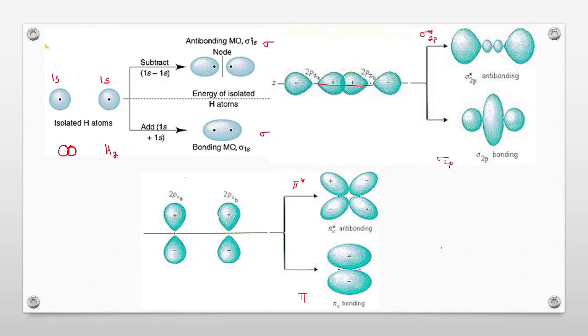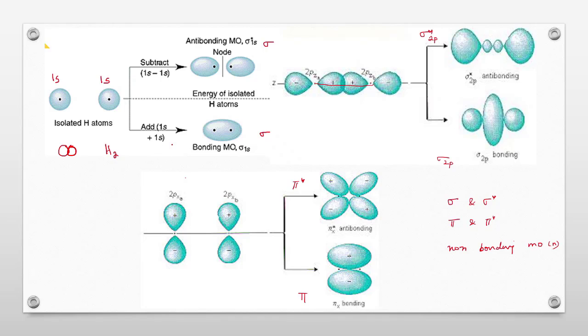So if a sigma bond is formed, the molecular orbitals formed are sigma and sigma star. If the molecule has pi bonds, the molecular orbitals are pi and pi star. If a molecule contains lone pairs which are not involved in bonding, they form the non-bonding molecular orbital, represented by n.